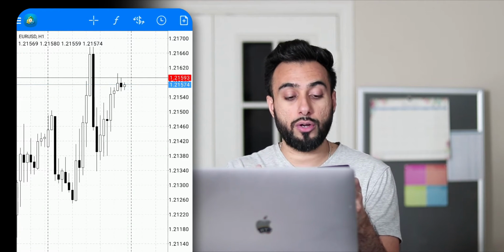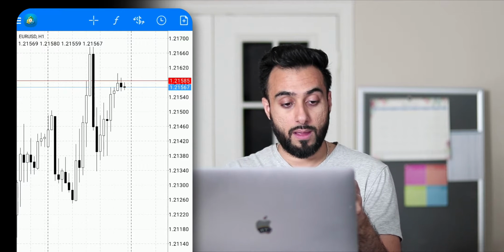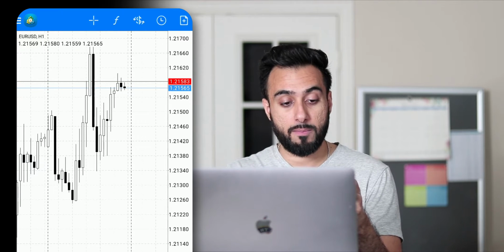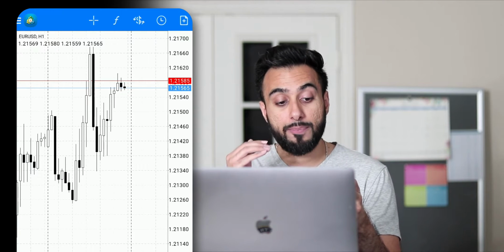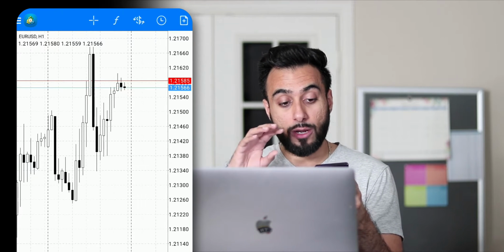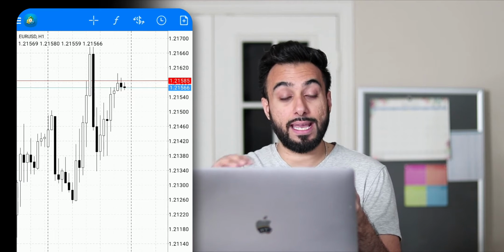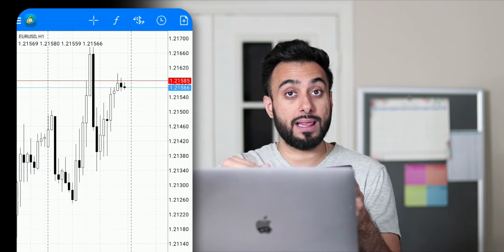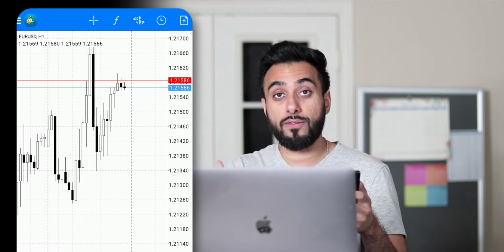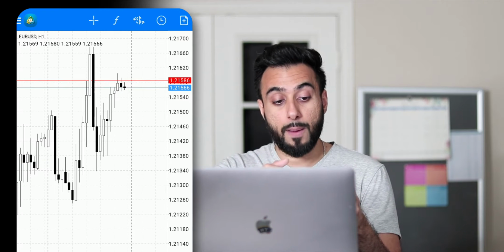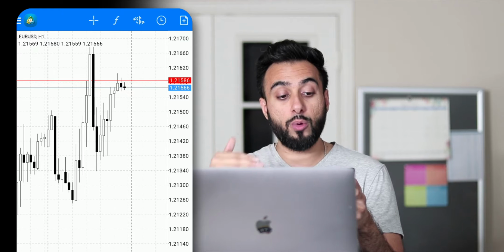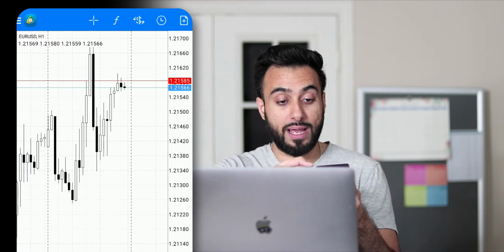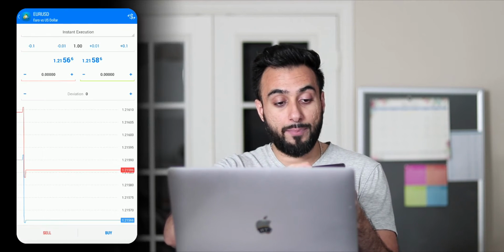So what you need to understand is whenever you input a buy, it's always going to enter you at the top line. And in order for you to actually get into profit, to leave the negatives, to get out of the red, that blue line must slowly creep up to the exact point where you entered, in other words, that red line. So let me do another example. I'm going to hit buy.